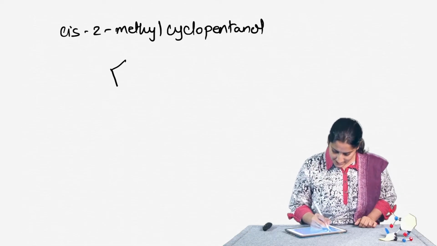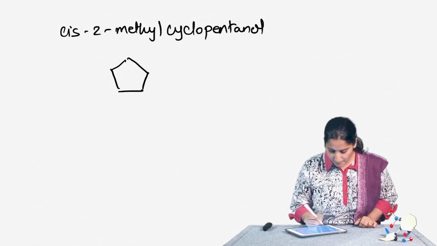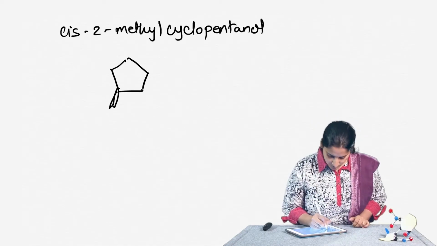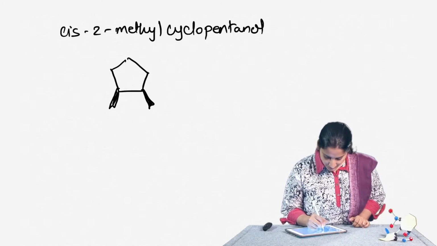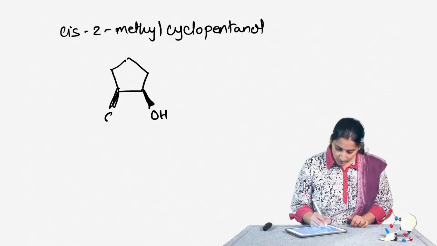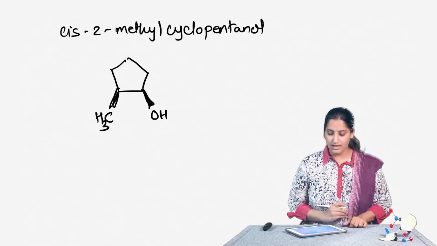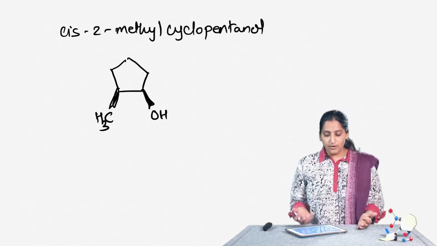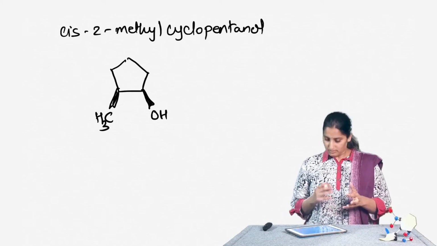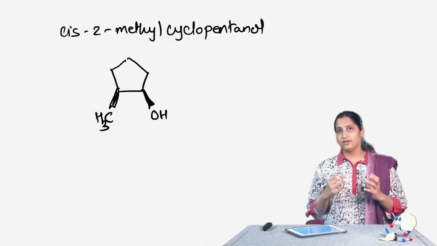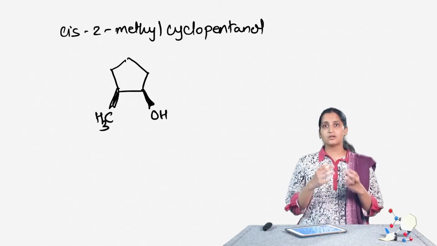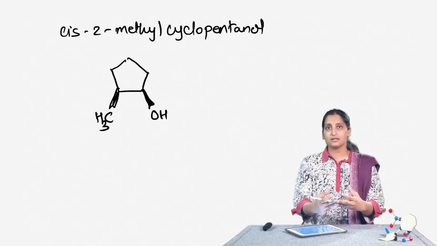So, cis meaning both the groups have to come in the same direction. So, I am going to draw the molecule, it is 2-methyl and cyclopentanol, nol means it has an OH group and 2-methyl meaning it has a methyl group. Now, if you look at this molecule, it does not have a plane of symmetry, and ideally when you are looking at cycloalkane derivatives, it is a good practice to also try to see it in the 3D manner.